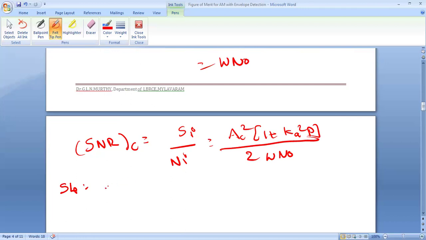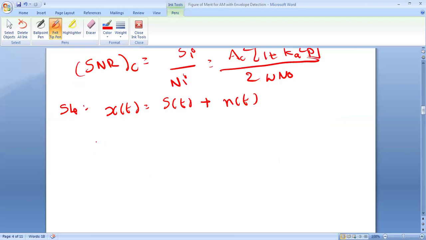Now, the next step is to estimate the output signal power So and output noise power No. For this, first of all, we have to mention what is the output of the IF section. The IF section will consist of a modulated signal with frequency at fIF actually, but we use fc, plus the second term, n of t, the narrowband noise component.